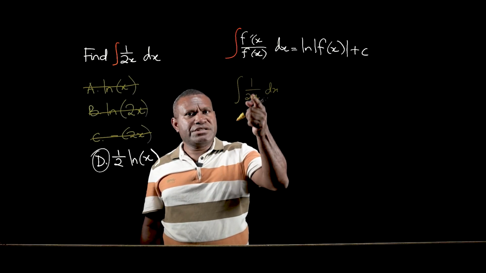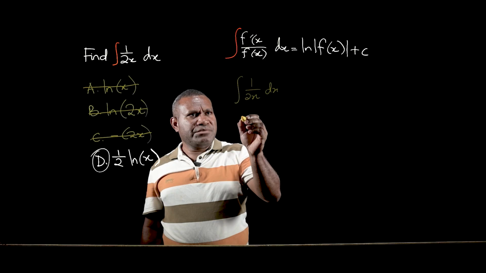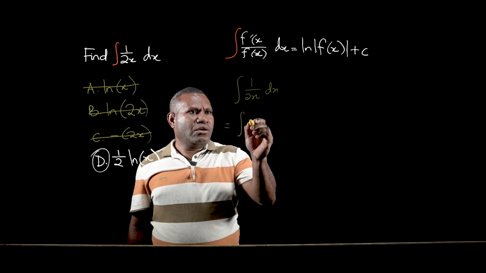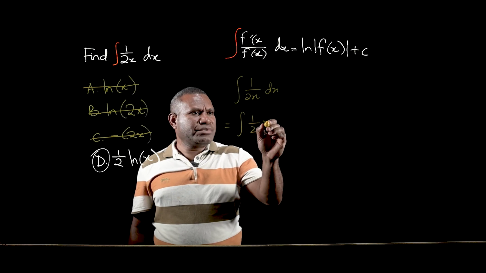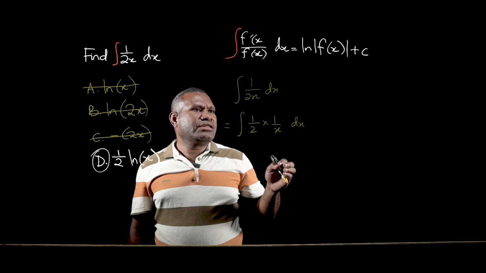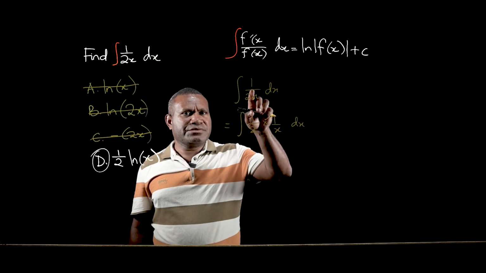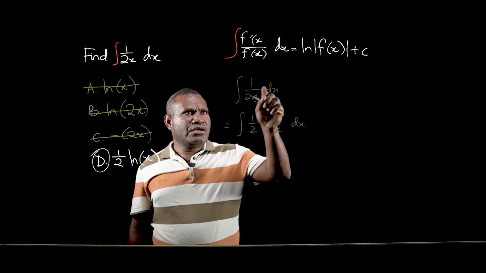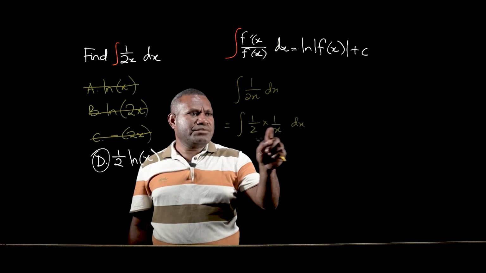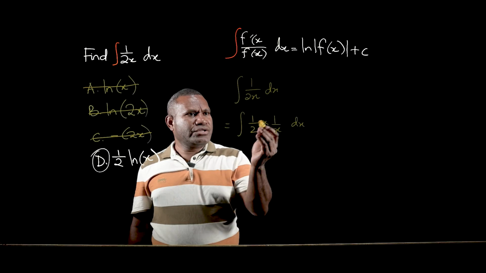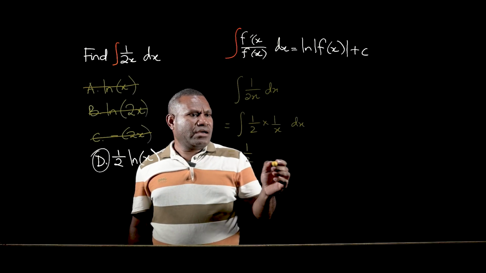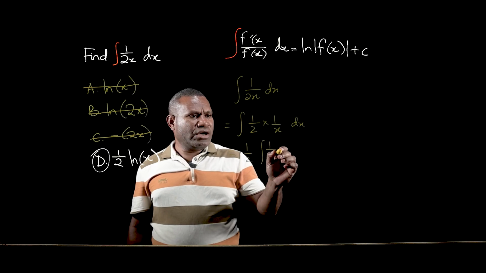So I have to manipulate this expression, and it can be written as 1 over 2 multiplied by 1 over x dx. This is the equivalent expression: 1 times 1 is 1, 2 times x is 2x. The constant is normally brought outside, that's a half, and then we have the integral of 1 over x.